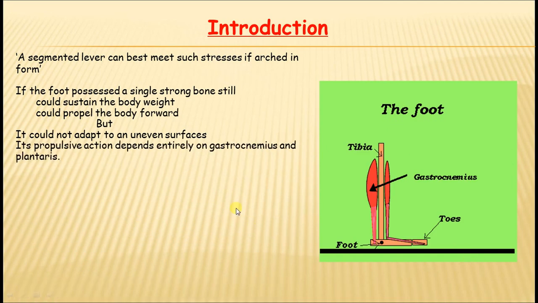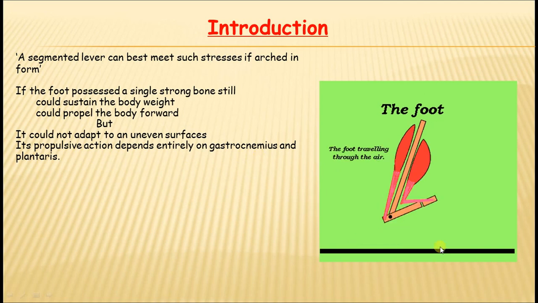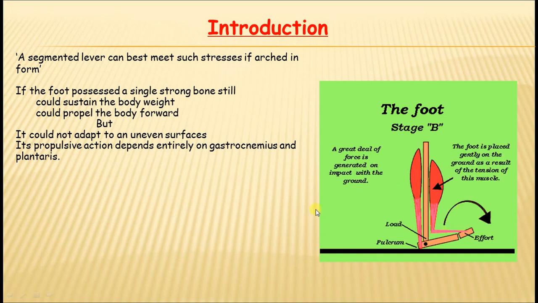So it depends extensively on the gastrocnemius. If it is not segmented, you will be solely depending on it, and only the heel will be raised, then this has to take care of raising the complete foot, the whole length of the foot, and it will put great stress on these muscles.